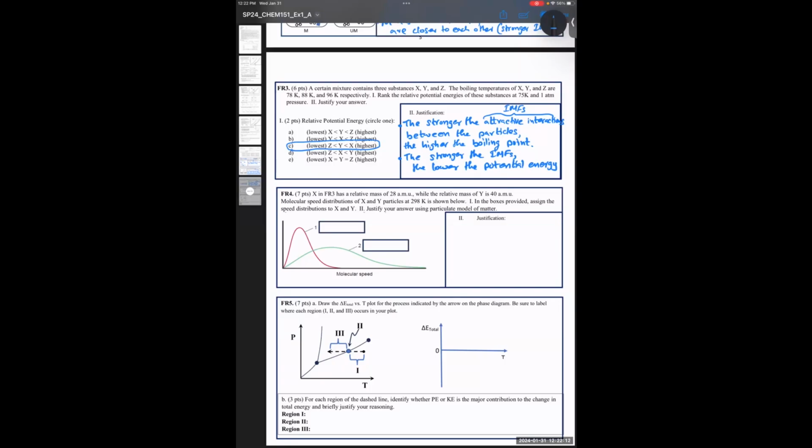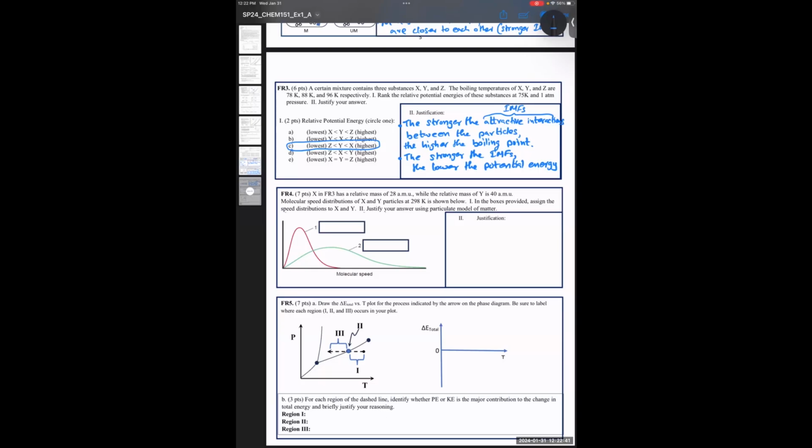X in FR3 has a relative mass of 28 AMU, while the relative mass of Y is 40 AMU. Molecular speed distribution of X and Y particles at 298 K is shown below. In the boxes provided, assign the speed distributions to X and Y and justify your answer using particulate model of matter.